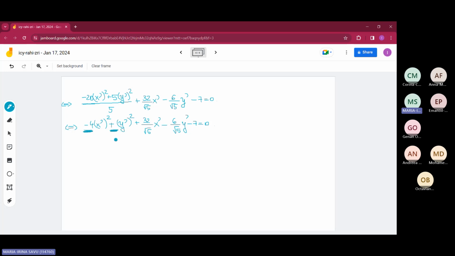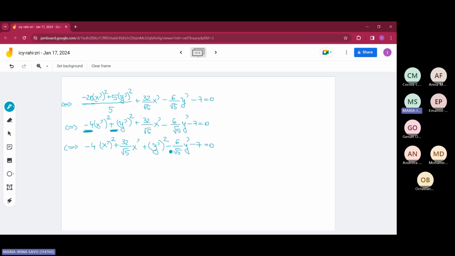And now, what should we do? We have to form squares. Exactly. To form squares, we first write the terms which contain x prime. So we have minus 4 times x prime squared plus 32 over this one, plus this one, minus 7 equals 0.